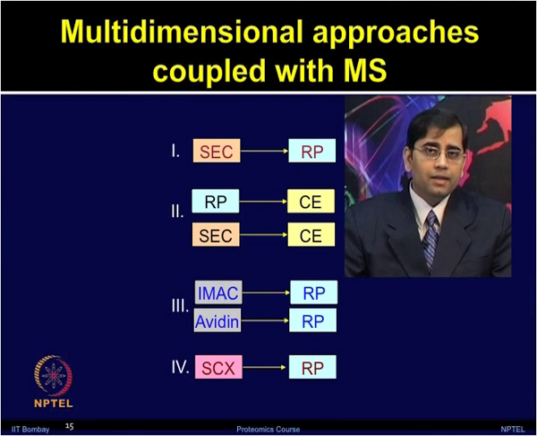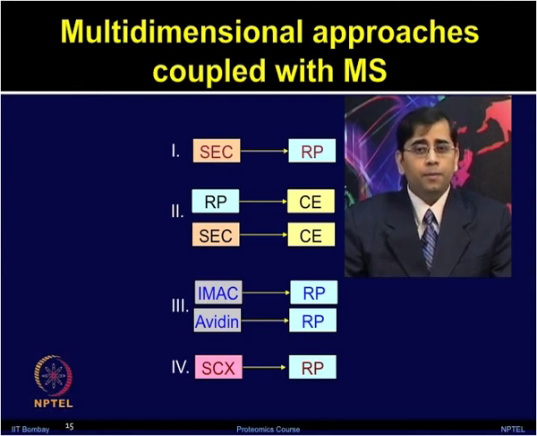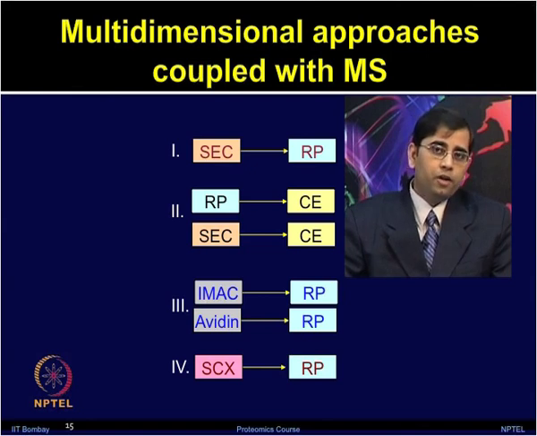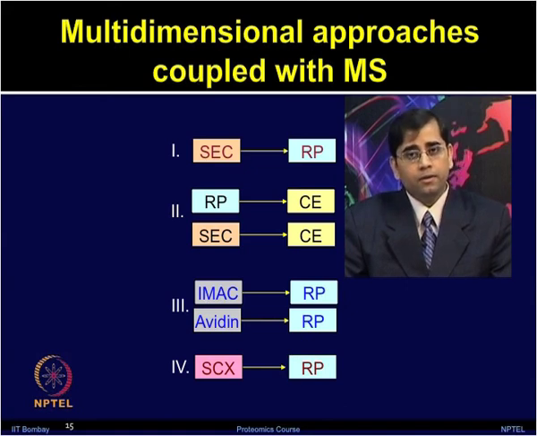For example, size exclusion chromatography followed by reverse phase chromatography has resulted in poor resolution of peptides in size exclusion chromatography, so that is not very widely used. Other approaches include reverse phase chromatography followed by capillary electrophoresis, or size exclusion chromatography followed by capillary electrophoresis. Due to the limited loading capacity and low loading volume of capillary electrophoresis, again it is not very popular.